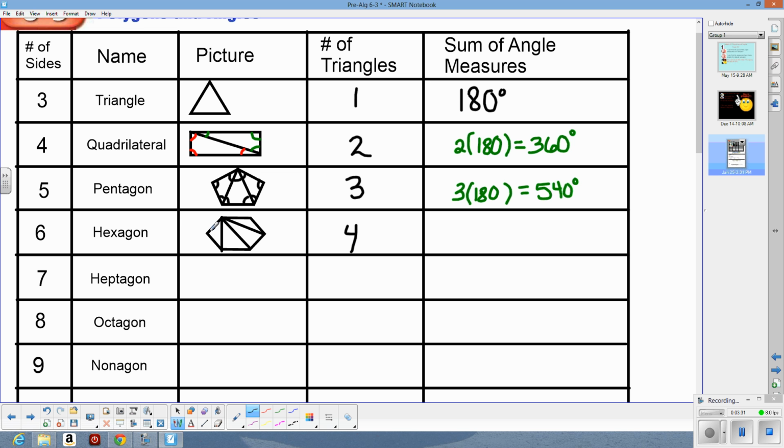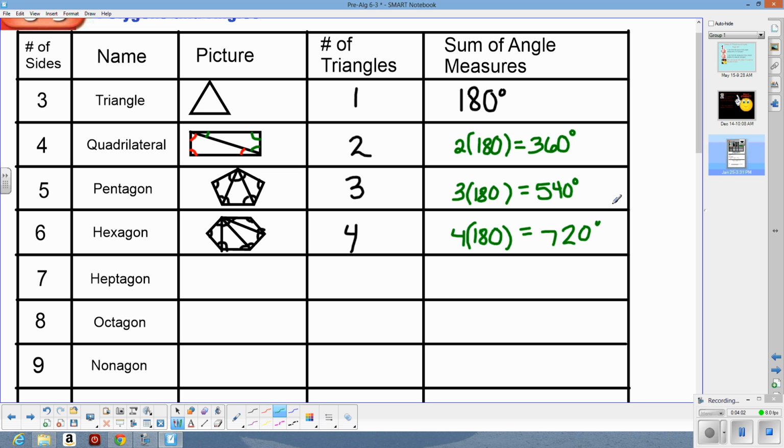And if each one of these is a total of 180 degrees, it's going to be 180 degrees times 4, which is going to equal 720 degrees.